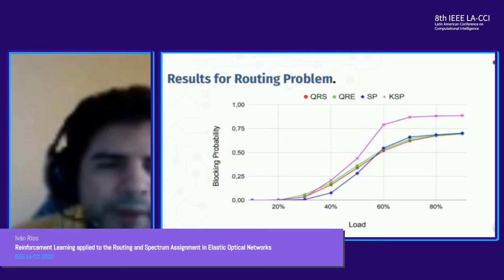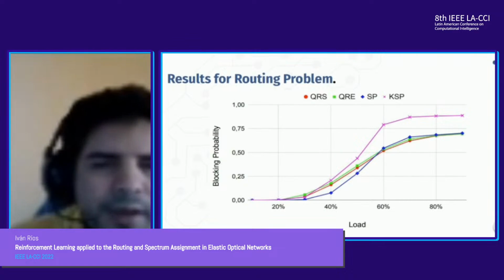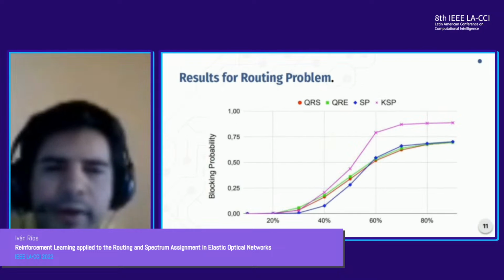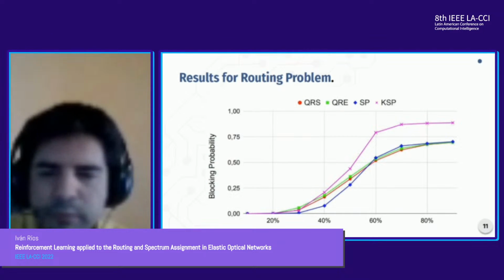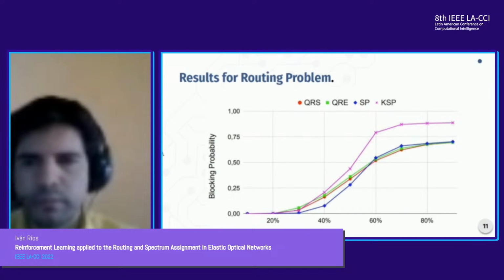The routing based on Q-learning, QRS and QRE, begin presenting higher values for these loads with respect to the KSP heuristic. QRS presents the worst performance with blocking probability values higher than the competition in all loads.